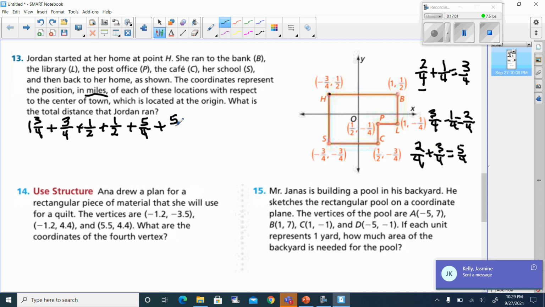Now we have to add all this together. To do this, our denominator has to be the same, and we have to have improper fractions here to make sure that we add everything properly. Well, 4 times 1 is 4, plus 3 is 7, so you can rewrite this as 7/4.